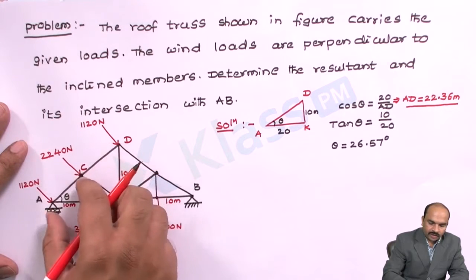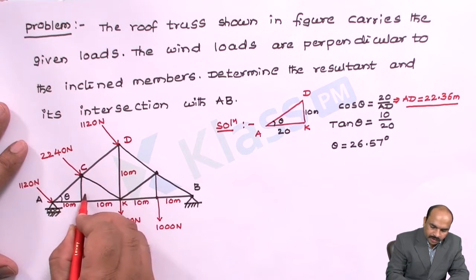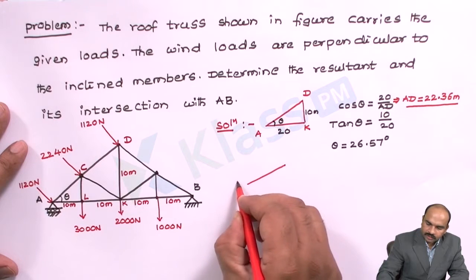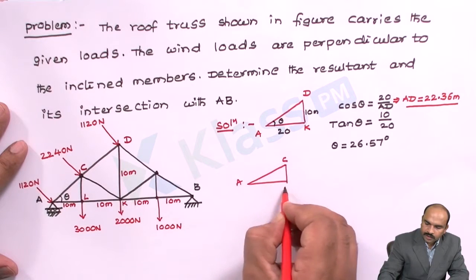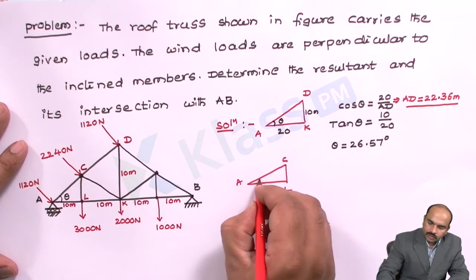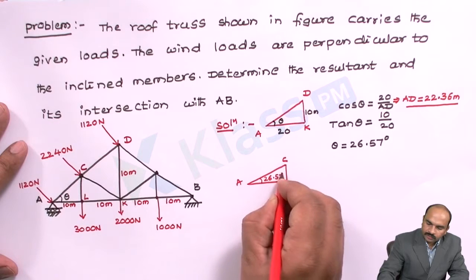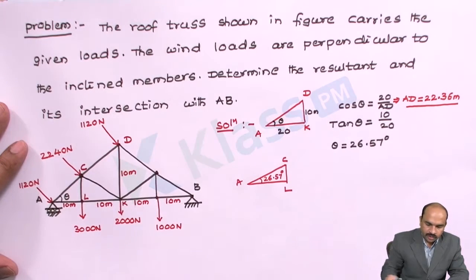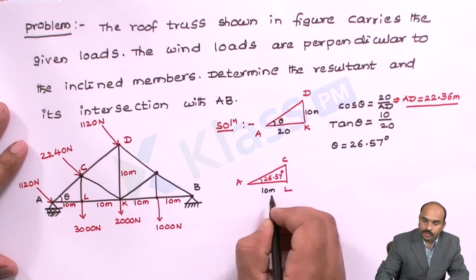Now let us calculate the length AC. For that, let us say this point is L. I will take this as A, C, L. We know this angle is 26.57 degrees and we know the length AL, that is 10 meters.